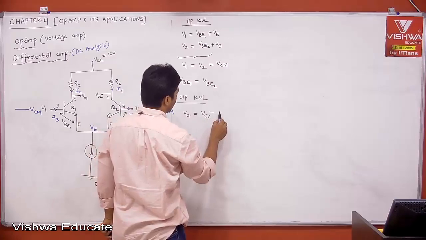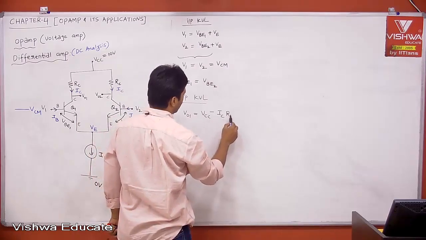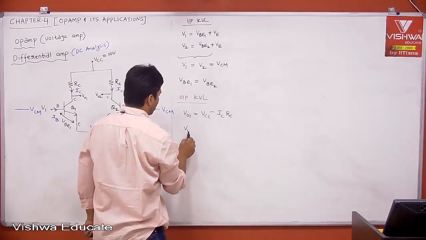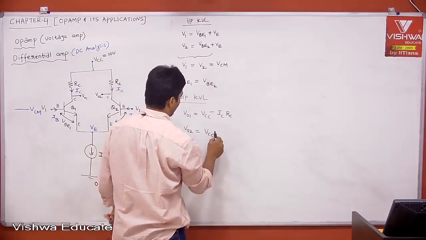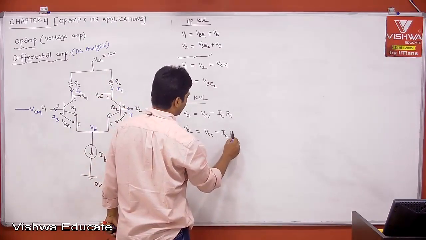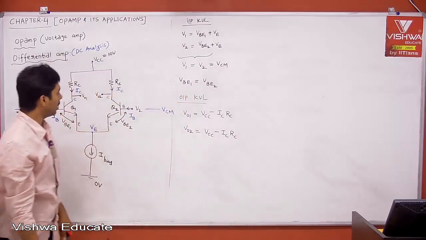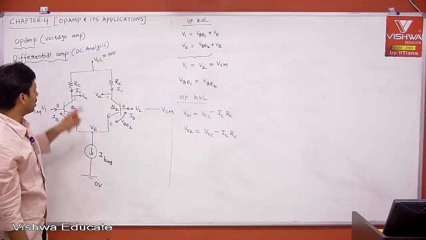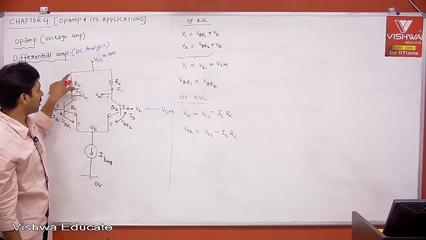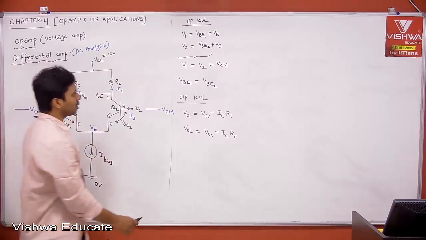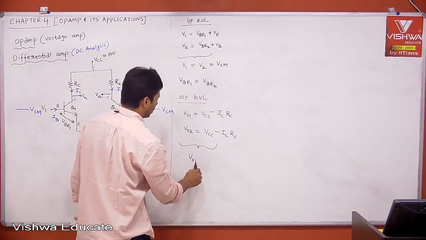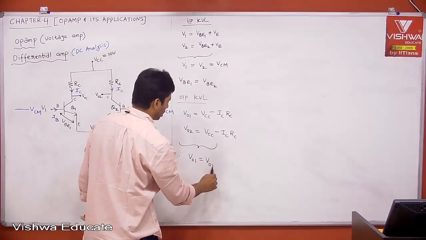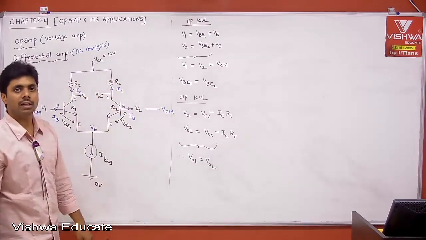Therefore VCC minus IC into RC. Then V02 is equal to VCC minus IC into RC. Both are the same, right? Why? Both are having the same IC current, both are having the same RC, so both are having the same drop. Therefore V01 is equal to V02.